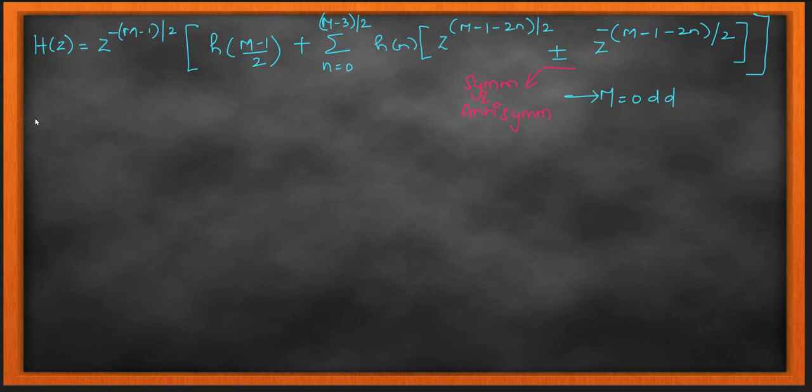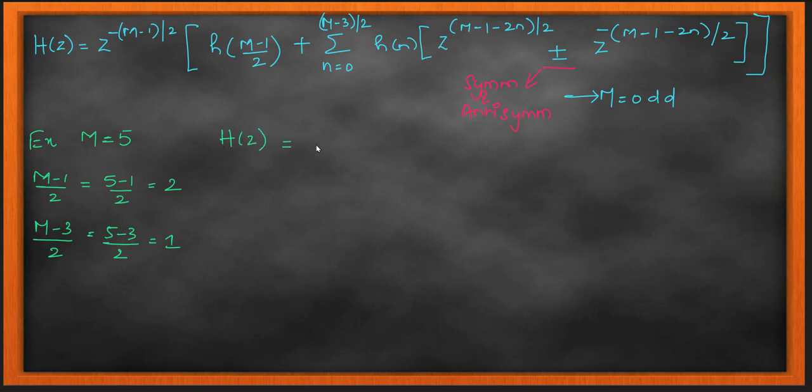So I'm just taking this (m minus 1) by 2 outside, because that term is z to the power of 0 and is not going to have any z coefficient. That's going to be the middle term, so I'm just taking that outside. Okay, good. So with that, I can write the simplified form with z to the power of (m minus 1 minus 2n) by 2. I've just taken the h of (m minus 1) by 2 outside.